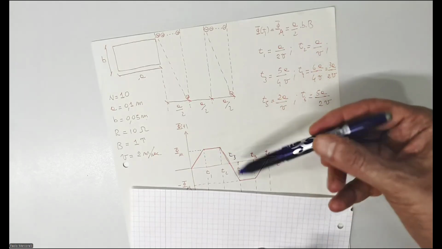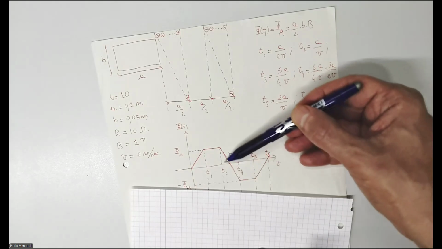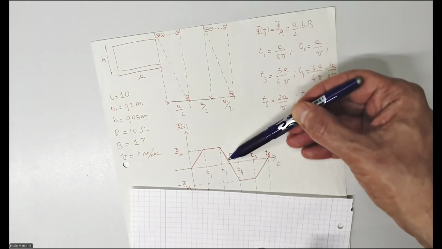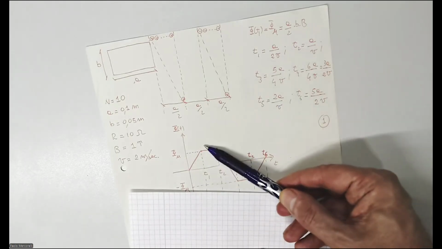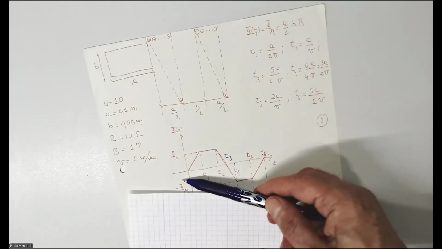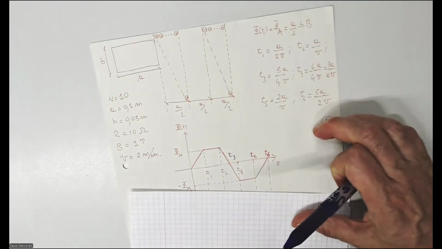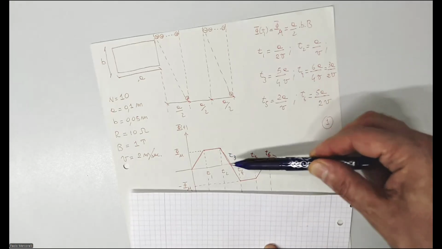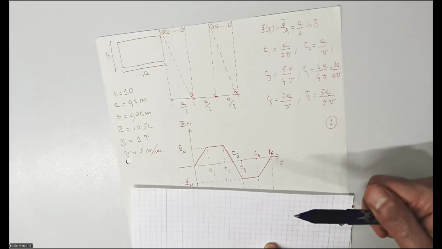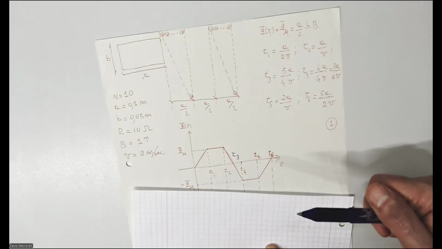I mean, in your opinion, this slope is the same as this one in absolute values. Of course, this is negative, this is positive. But in your opinion, is the slope in absolute value different? Yeah, answer me.